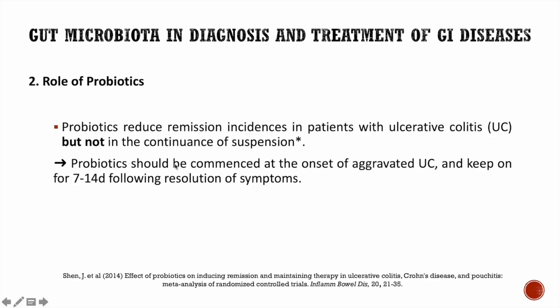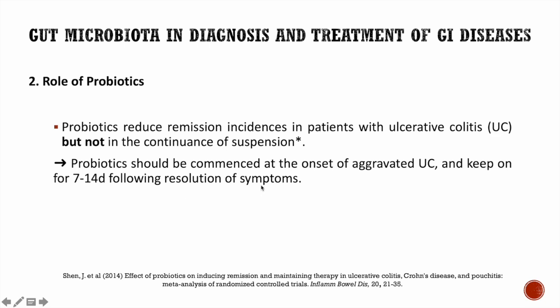Probiotics. Probiotics are beneficial in improving remission incidence in patients with ulcerative colitis, but not in maintenance or suspension. Probiotics should be commenced at the onset of aggravated ulcerative colitis, and it is recommended to keep on for 7 to 14 days following resolution of symptoms.